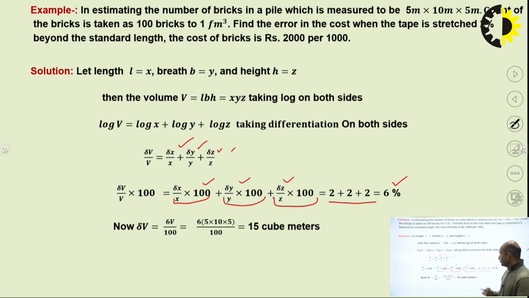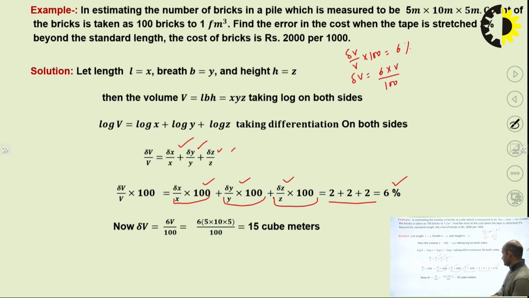Now the value of delta V upon V into 100 equals 6%. So what will be the value of delta V? Since we have to find the error in cost, we have to find the error in the volume first. So error in volume will be 6 into V upon 100.